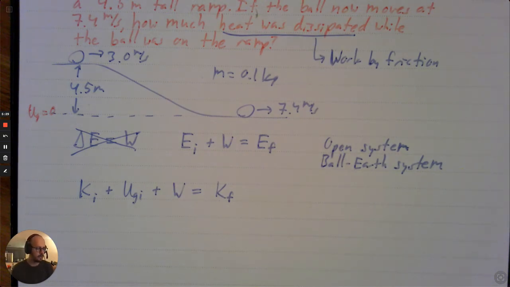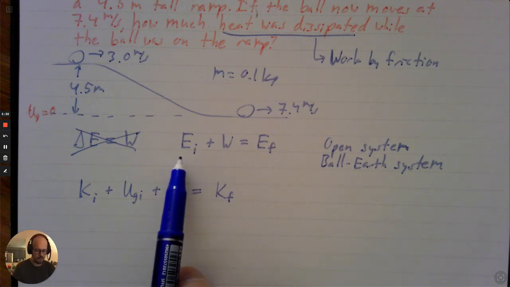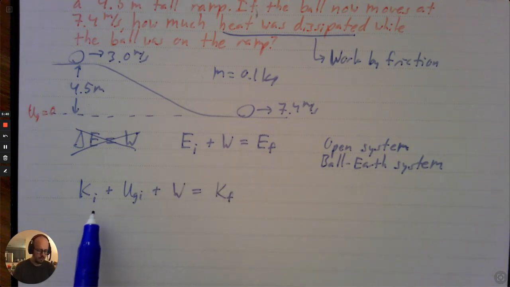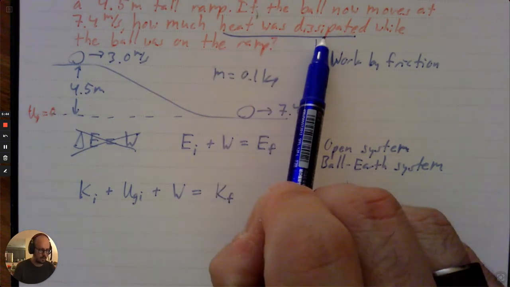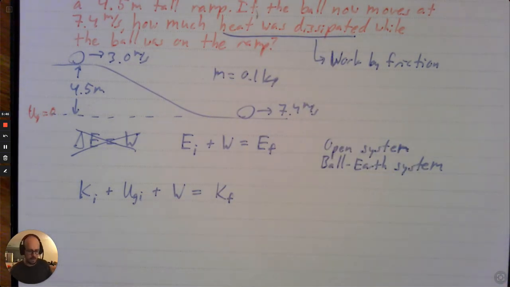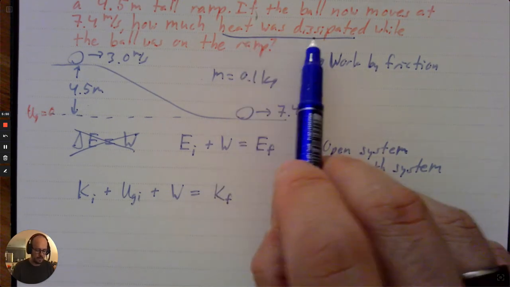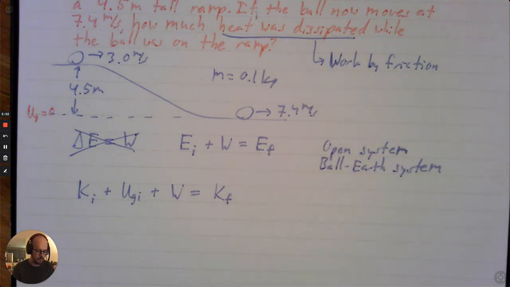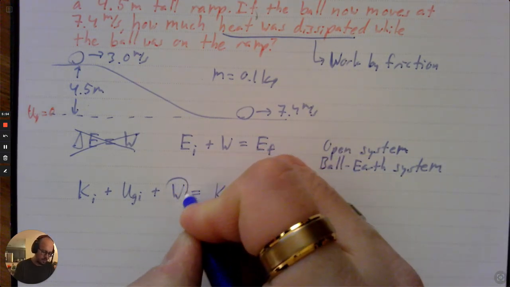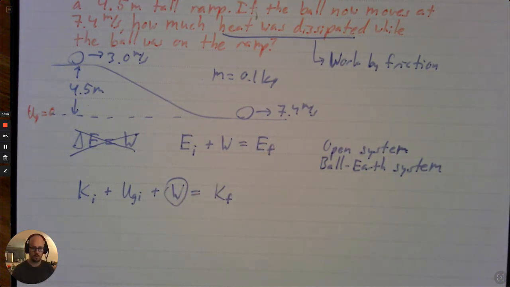Now, if you wanted to be clever, you could start by rearranging this equation and have it ready to go, but I didn't do it that way. I just like starting with this equation. What I want you to notice now is that it says how much heat was dissipated. Heat is a form of energy. Specifically in this course, when we say dissipated by heat, we mean work done by friction. And so this is my unknown that I'm going to solve for.